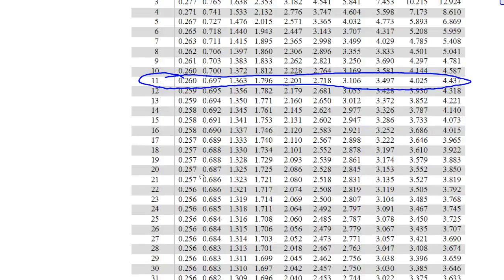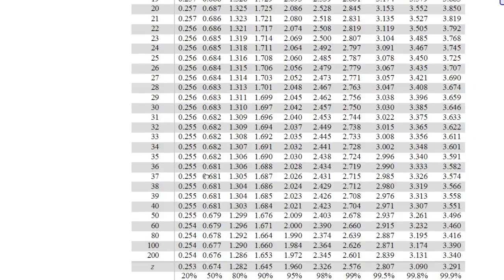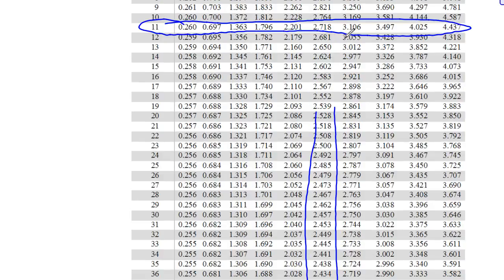And then recall that at the bottom, we had the confidence levels, right here. And we're looking for the 98% confidence level. So I'm going to start drawing a box around it and scroll back up. And so the t that we're going to use is 2.718.